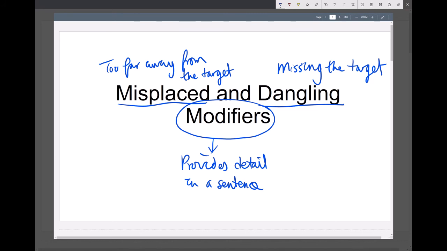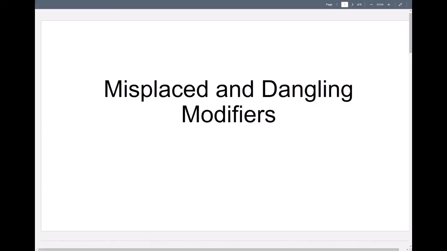So keep these in mind. We're looking at modifiers today, things that describe and provide detail in a sentence. Details. So let me show you what I mean.